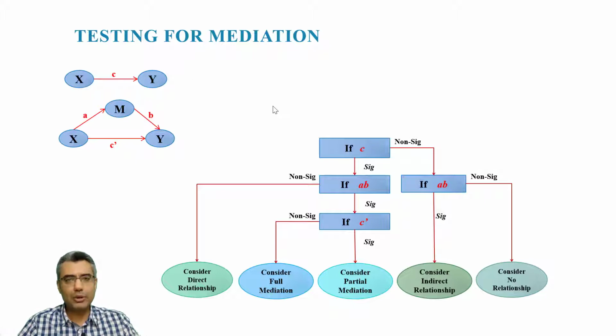And following Baron and Kenny method, if there is no relationship between X and Y, if the total effect C is not significant, but A and B are significant, then many researchers suggest that we call it indirect relationship, not mediation. But anyway, there are different opinions. So this is the way we test.